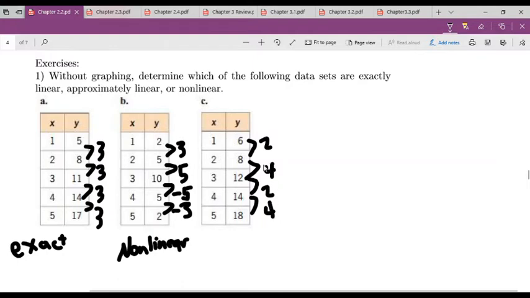So while these aren't the exact same, they're pretty close. 2 is pretty close to 4. So this is the one that you could approximate. So this is the approximately linear one here. And there you go for that example. Easy enough.